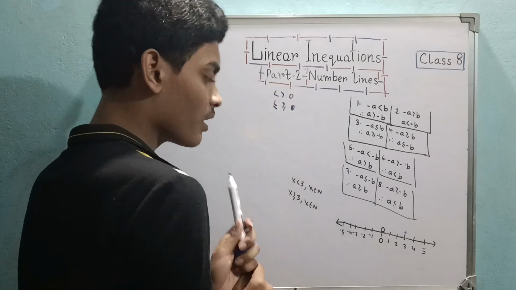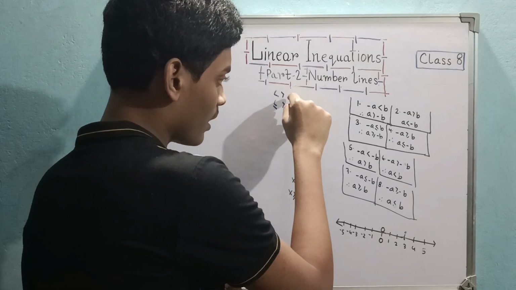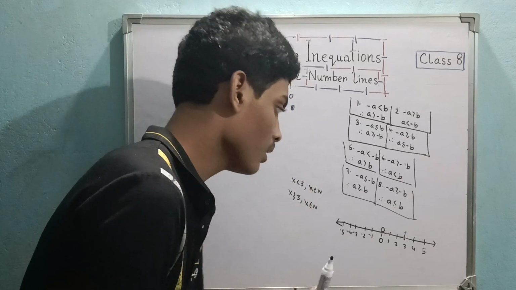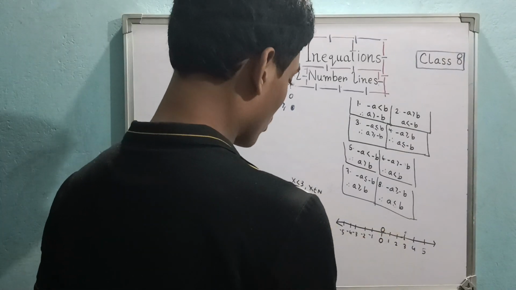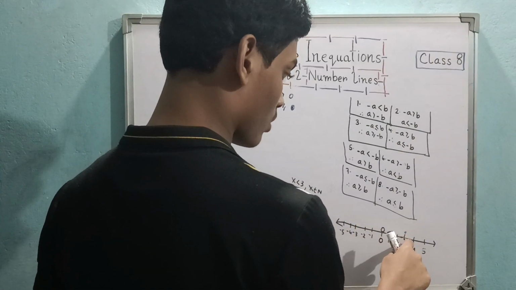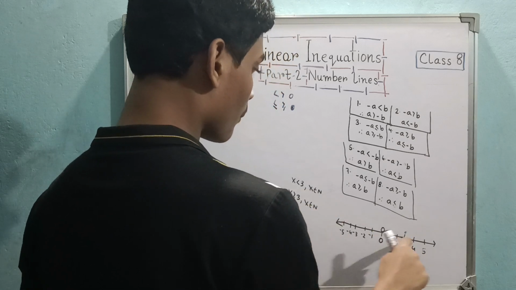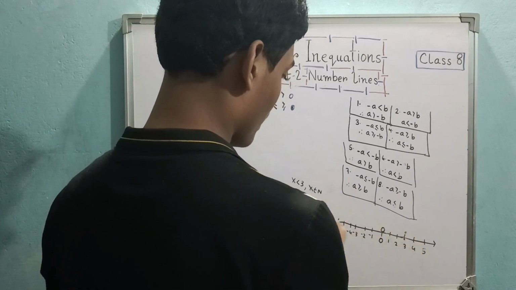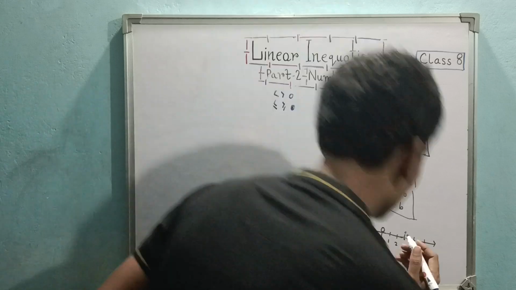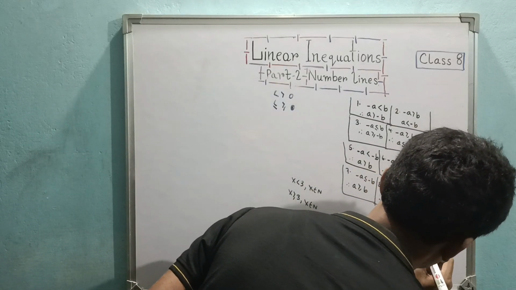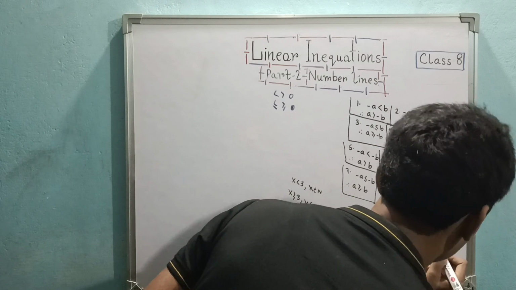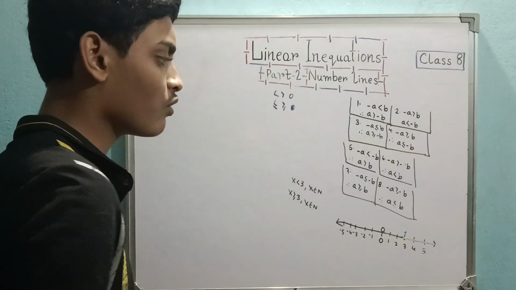If it's less than or greater than, then put a hollow circle like this, not a darkened circle. And the same system again: for the equal to sign, the darkened circle comes. x is equal to 3, so put a darkened circle over 3. Then x is greater than 3, so just deepen the line.